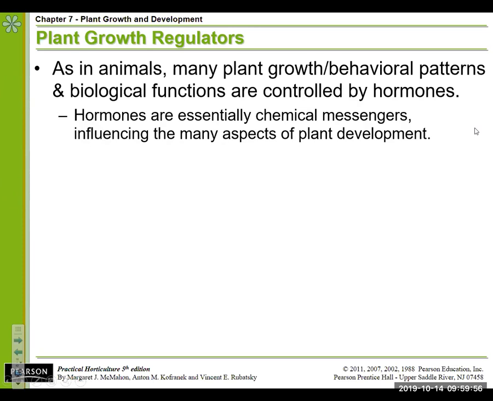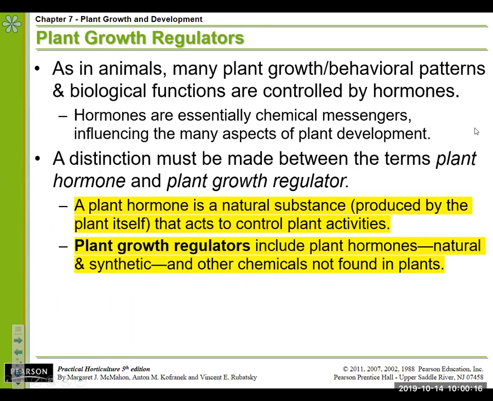This whole cycle of life in plants is similar to what we have in animals, in that it is controlled by hormones, these chemicals that correspond to the maturation and then the senescence of the plant. And there's a distinction here between a plant hormone versus a plant growth regulator.